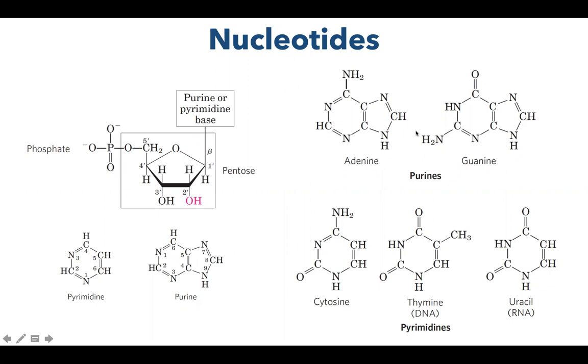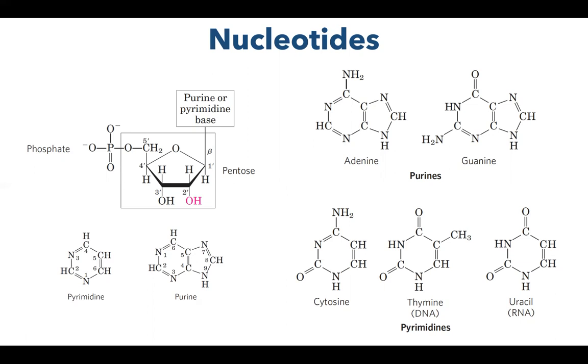Now your purines, adenine and guanine, both of them can be found in DNA and also in RNA. For your pyrimidines, cytosine is found in both DNA and RNA. However, thymine is a pyrimidine that is almost always found in DNA, while uracil is a pyrimidine that is almost always found in RNA.